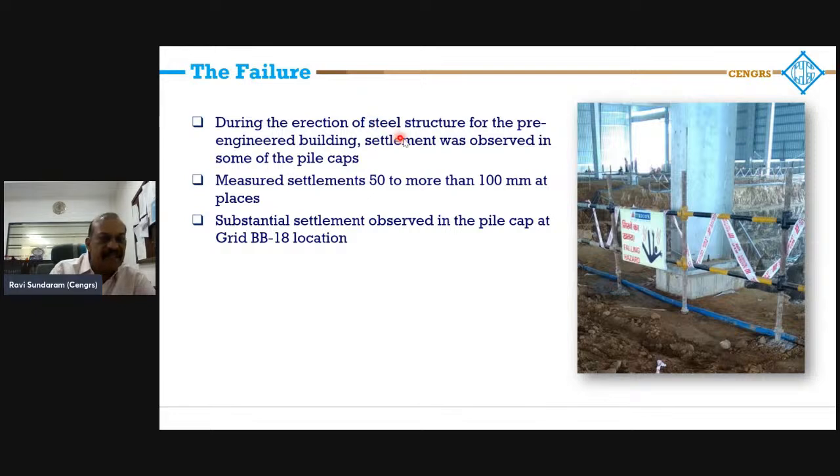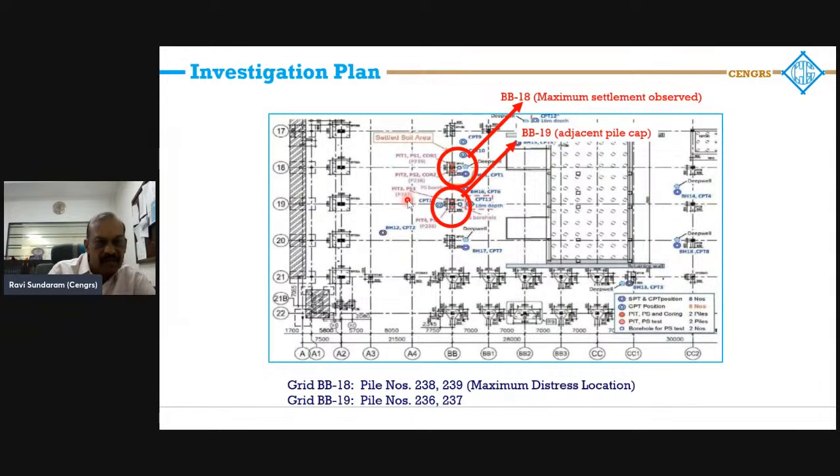During the erection of the steel structure of the pre-engineered building, settlement was observed in some of the pile caps. The measured settlements were more than 50 to 100 in places. Maximum settlement was obtained in this grid BB18 location, which I'll show you here.